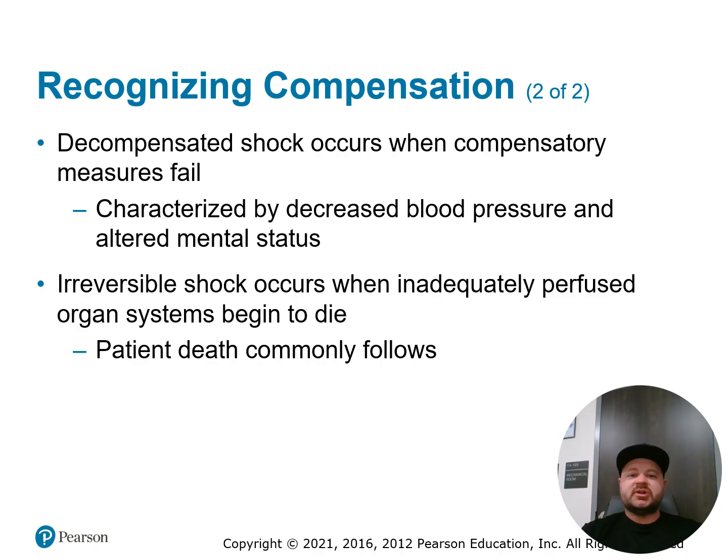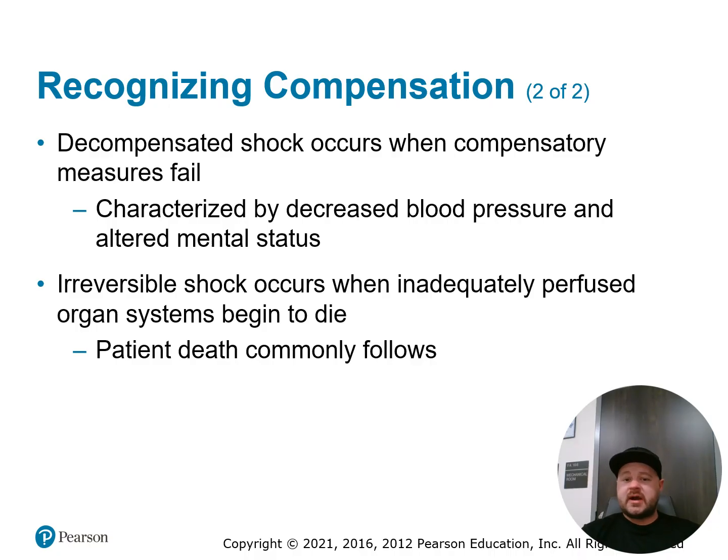So decompensated shock occurs when the compensatory measures fail. Just like the anaerobic metabolism thing, we can do it for so long, but at some point those systems will fail. This is characterized by decreased blood pressure and altered mental status. The reason their mental status is altered is because the brain requires a certain pressure to be perfused.